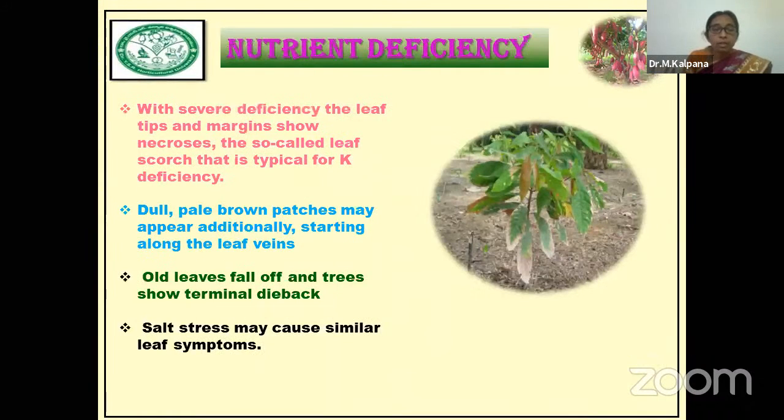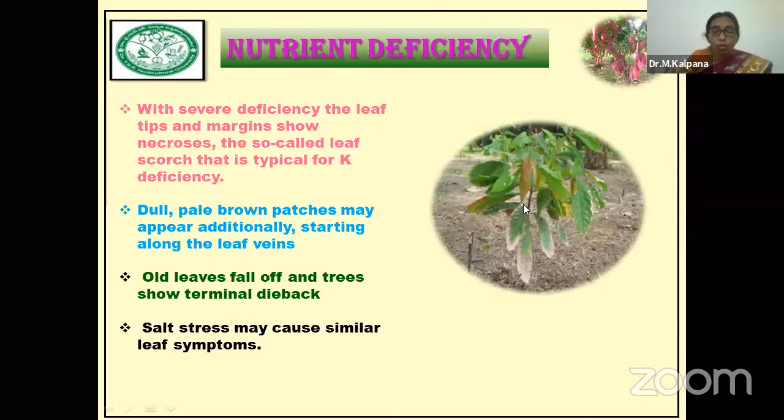Coming to nutrient deficiencies, the major deficiencies observed in cocoa fields are potash, zinc and iron. In potash deficiency, the leaf margins and tips show necrosis, which we call leaf scorch, a typical symptom mainly seen on older leaves.